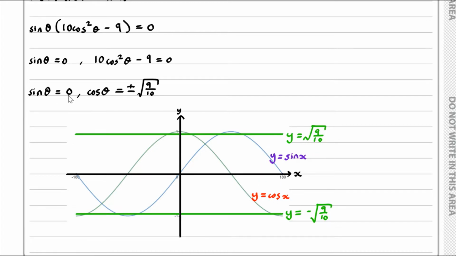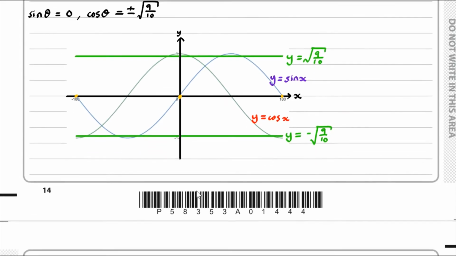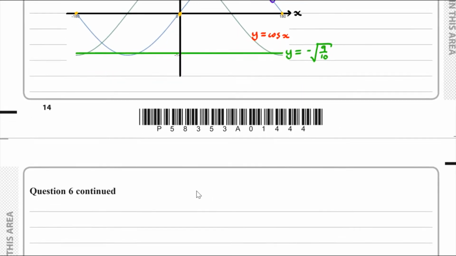And we've got sine x equaling 0, and if we consider the solutions for that, well, sine x equals 0 at minus 180, 0 and 180. So let's just write that down. We've got solutions of theta equaling plus minus 180 and also 0.